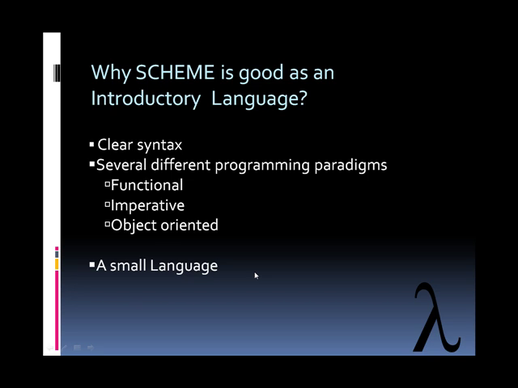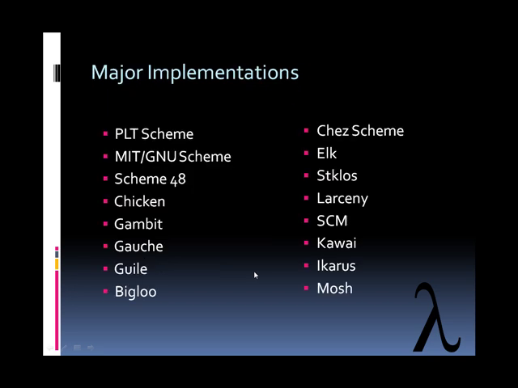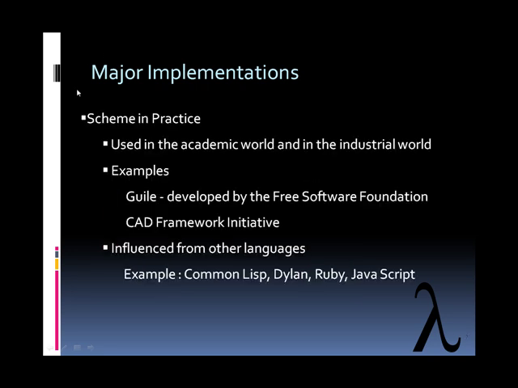Here are some major implementations of Scheme. Scheme 48, Bigloo, and Chez Scheme are some of them. Scheme in practice. Scheme is widely used in the academic world as an introductory language. The language is, however, spreading into the industrial world too.